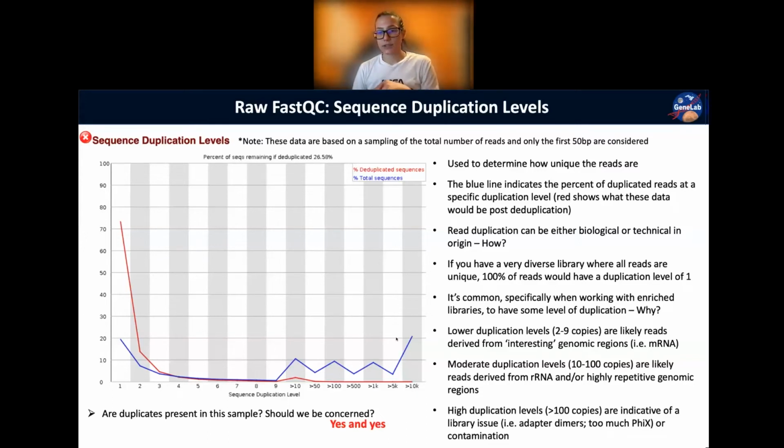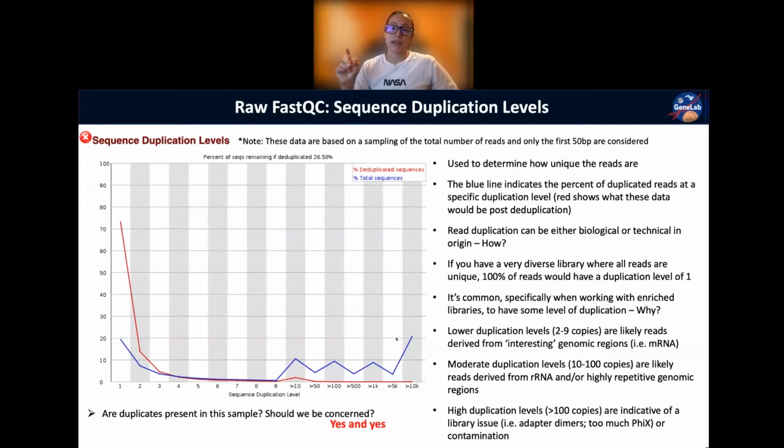There are ways to distinguish between biological and technical duplicates, as I mentioned when I was going over the types of adapters that we have. So for GeneLab, for instance, we have a UMI, unique molecular identifier, on the adapters that we use, and that UMI is added before we go into the PCR step.